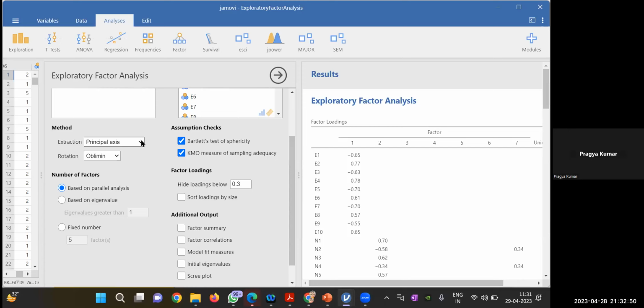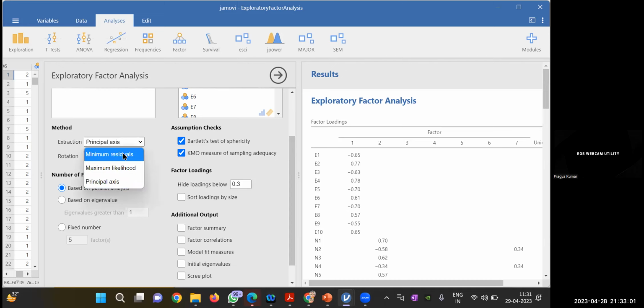And principal axis is used when the data is less or maybe non-normal. Okay, yes, perfect. So did you understand, Rupali? This minimum residual, I did not get this, but till now I am clear on these two options. And mostly we use these two, principal axis and maximum likelihood.